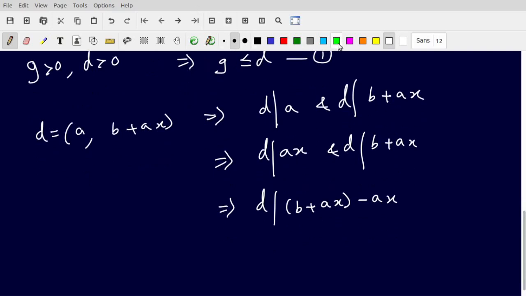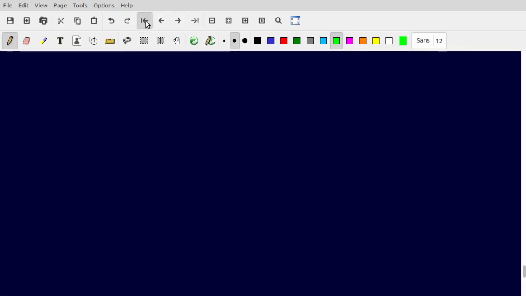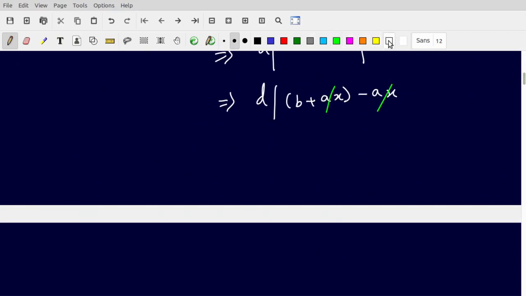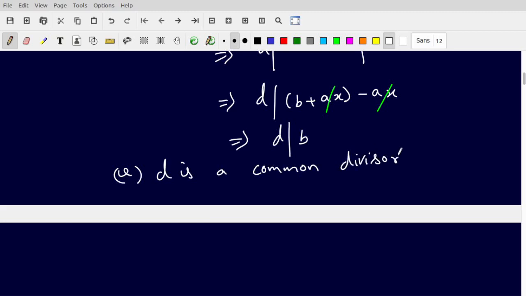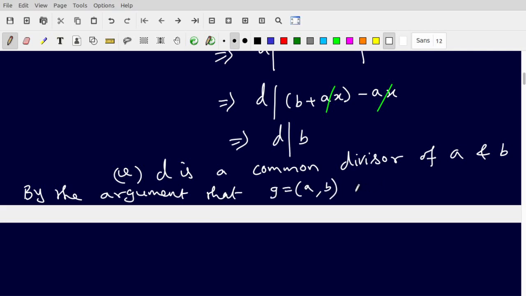AX gets cancelled, which gives D divides B. That is, D is a common divisor of A and B. Again by the same argument, any common divisor divides the greatest common divisor, the GCD.